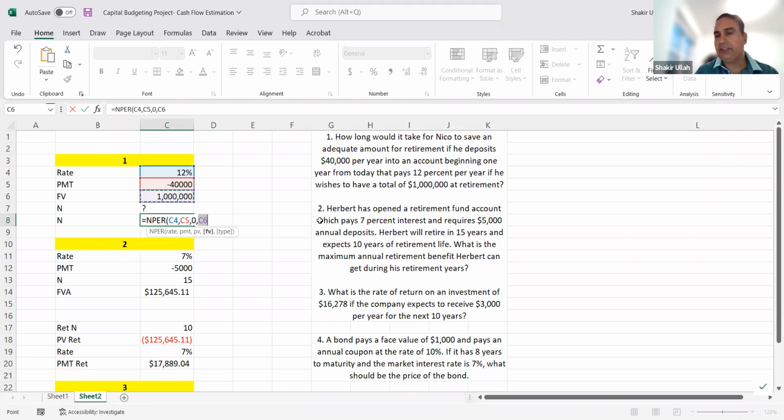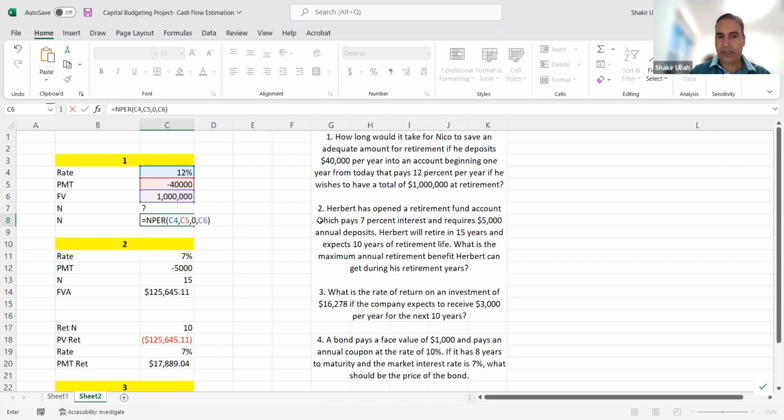And then it is asking for the type of annuity. Type of annuity means whether it's ordinary annuity or annuity due. In case of ordinary annuity, the payment takes place at the end of the period. In the case of annuity due, the payment takes place at the beginning of the period. Now, because usually most annuities are ordinary annuity, if we simply ignore the type and just close the parentheses, Excel assumes that it's the ordinary annuity.